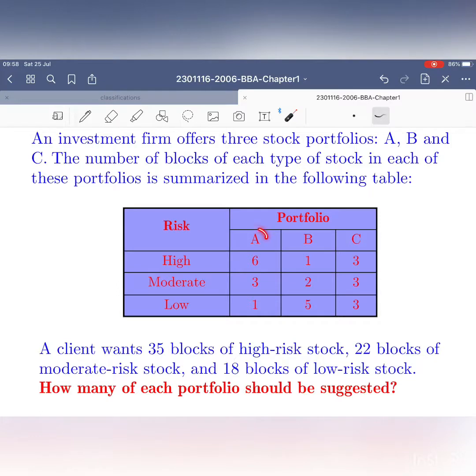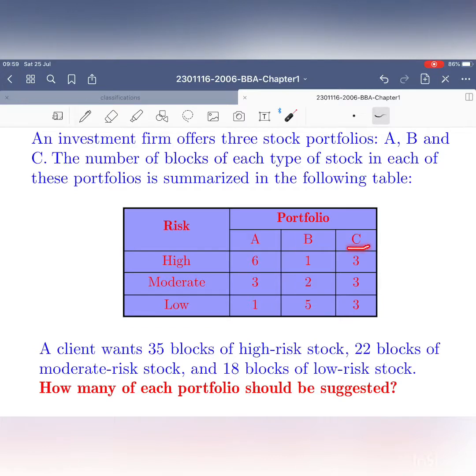So for portfolio A, you are going to invest in the high risk stock for 6 portions, moderate risk stock for 3 portions, and low risk stock for 1 portion. And for portfolio B, they are going to invest in the high risk for only 1 portion, 2 portions for the moderate, and 5 portions for the low risk stock.